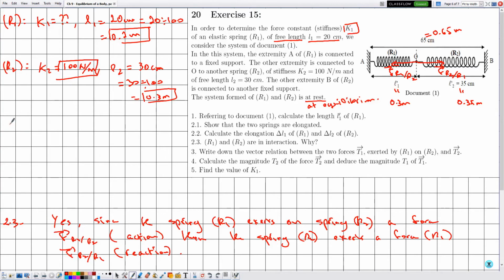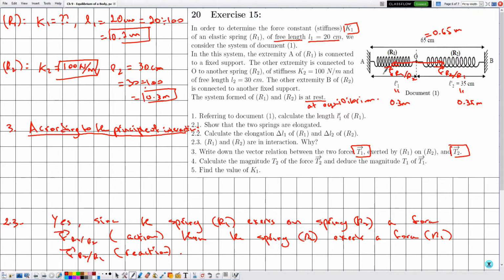So let me write here, according to the principle of interaction, as a title. Then the two forces that we are interested in are given by T1 and T2.